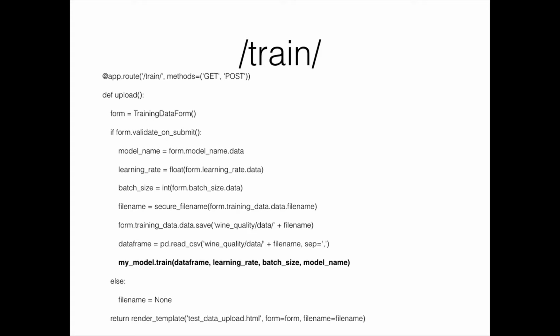So we have the form.trainingdata.data.save, and reading it in as a pandas data frame. This pd.read_csv reads it in as a data frame, which is essentially a two-dimensional matrix of the data. And so we take the data frame and pass it to myModel.train. And David will go more into what this training method does in his part of the presentation.